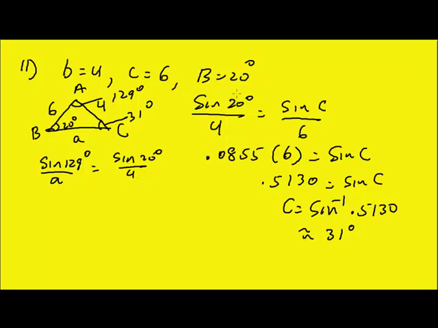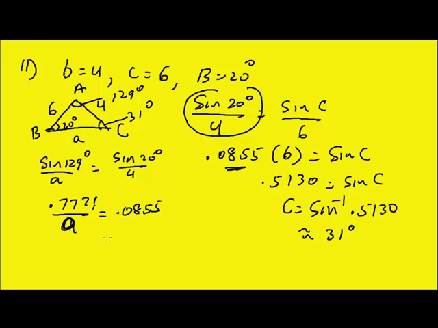Since we already know that to be 0.0855, I can write that as sine of 129 degrees, which is 0.7771 over A is equal to 0.0855. Okay, is over 8, not 4, over 8.